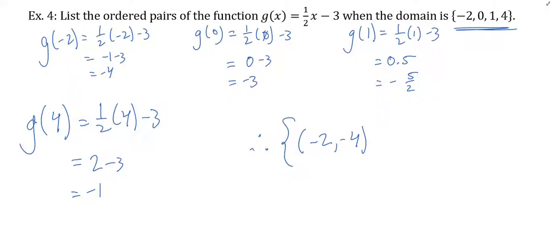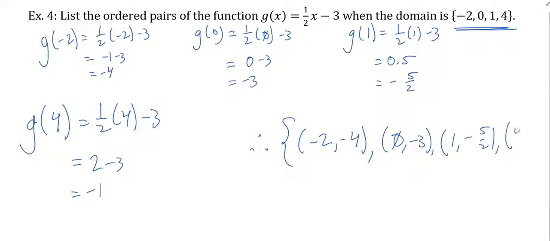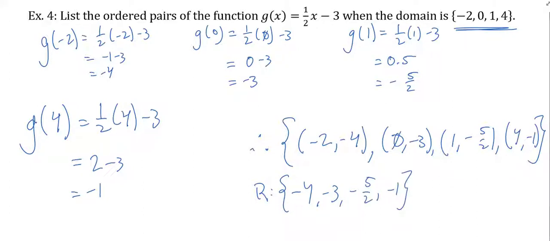So it still creates an ordered pair. 0 and -3, 1 and -5/2, and 4 and -1. And if I wanted to do my range for some reason, my range is -4, -3, -5/2, -1.